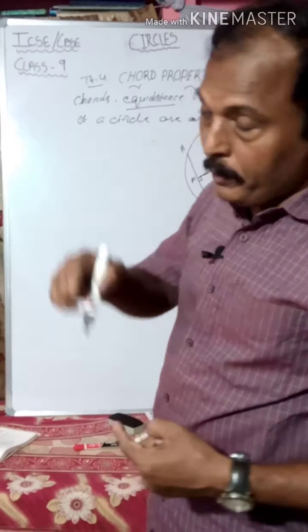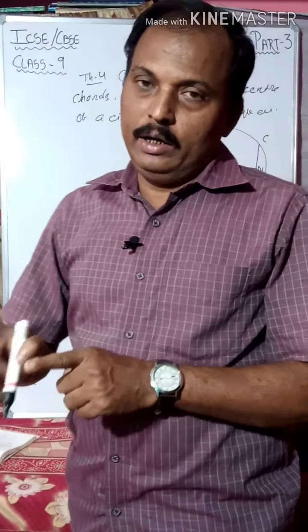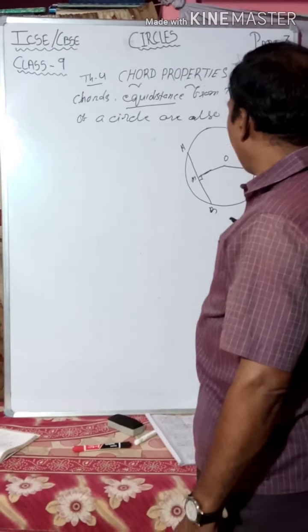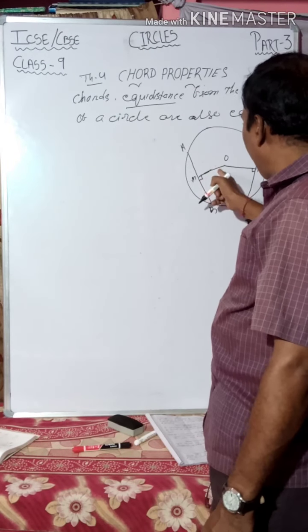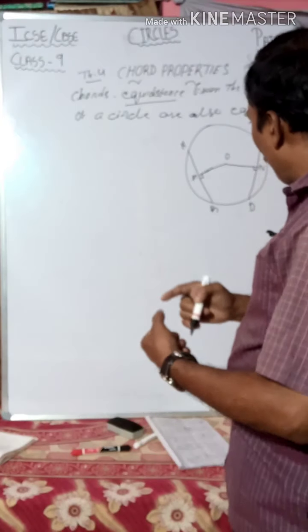But in our previous theorem, the chords were equal: AB is equal to CD. Not here. Here OM is equal to ON. Then we can prove that AB is equal to CD.